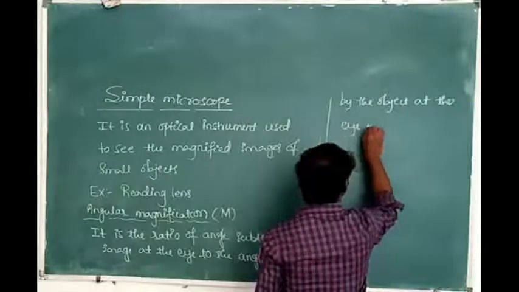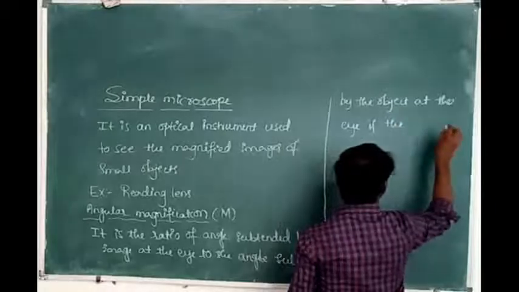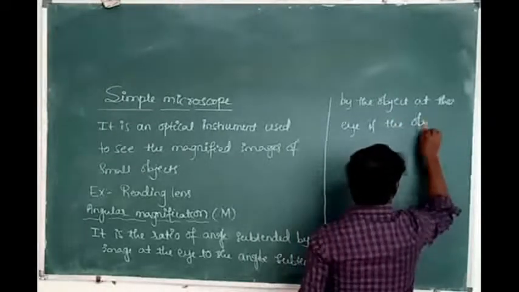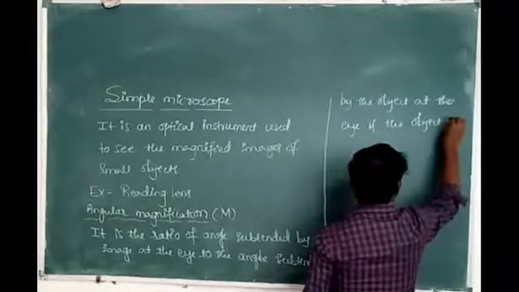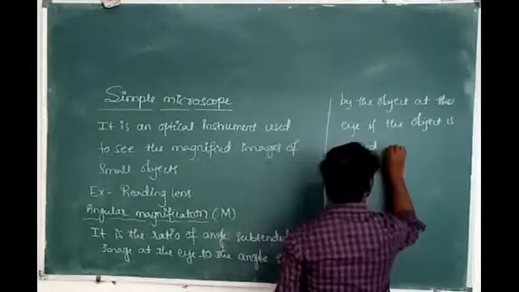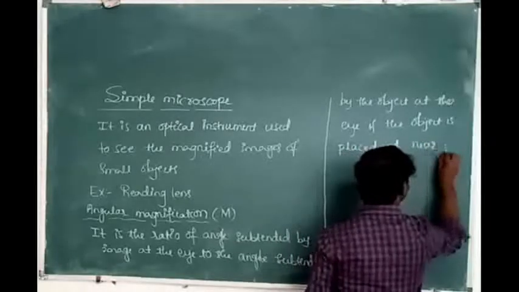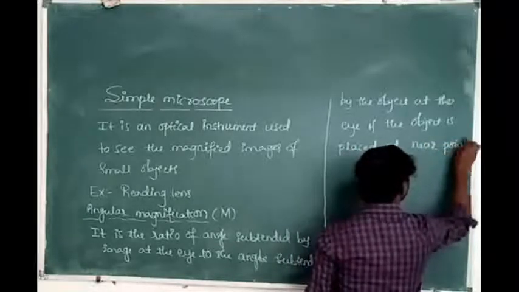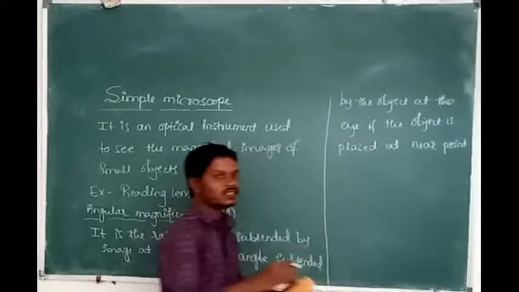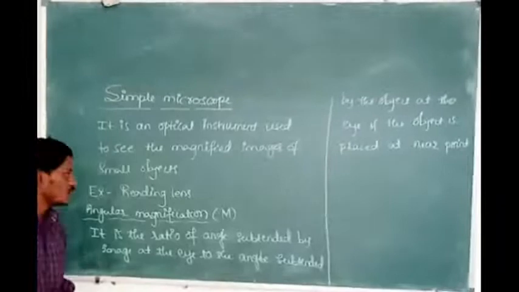If the object is placed at the least distance of distinct vision, otherwise you can say the near point. The distance of the closest point from the eye at which the object is seen clearly is called the least distance of distinct vision.